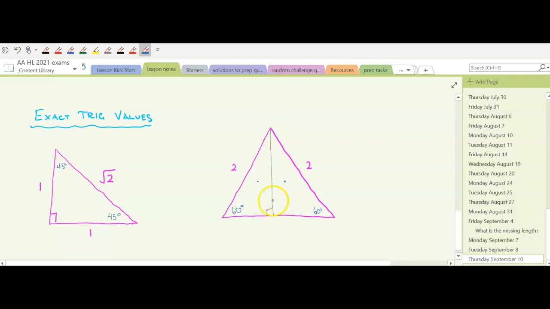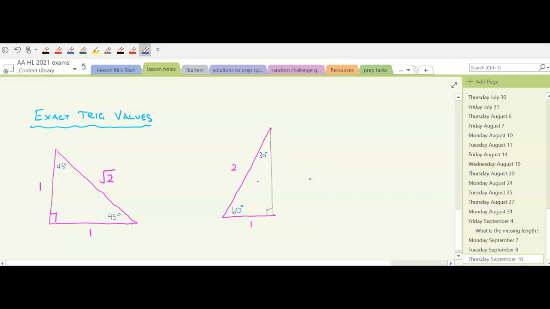I've dropped a perpendicular down here, so I've got right angle, hypotenuse, side to prove that they're two congruent triangles, and as they're congruent, that splits the base into two ones, and it splits this angle into two 30s. Now we're only concerned with one of these, so we can remove half of this triangle. This is the half we use, just there. So there it is.